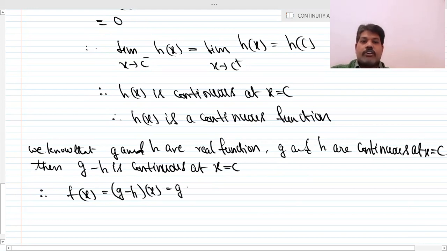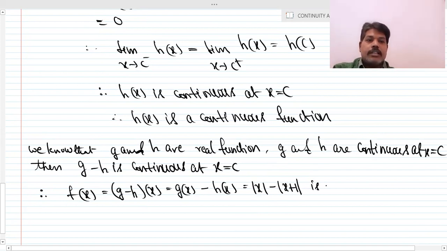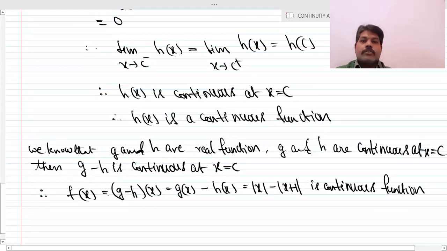That is nothing but g of x, which is mod x, minus h of x, which is mod x plus 1, is a continuous function. So at the end we can write that f of x is equal to mod x minus mod x plus 1 is continuous.